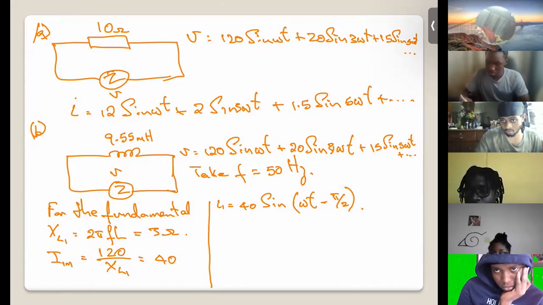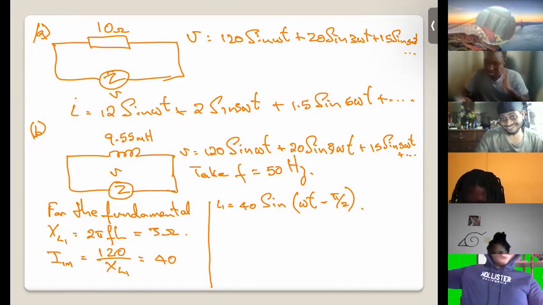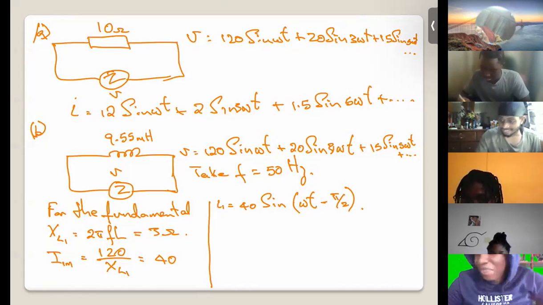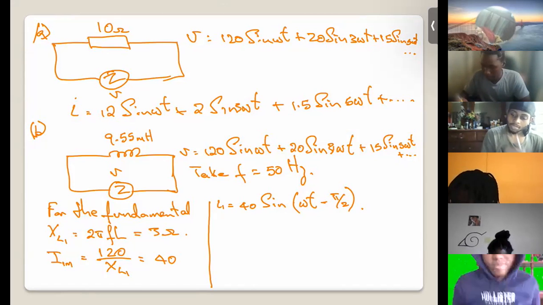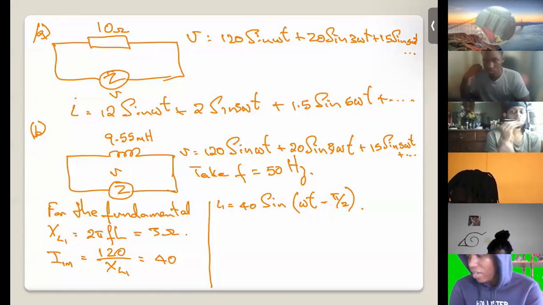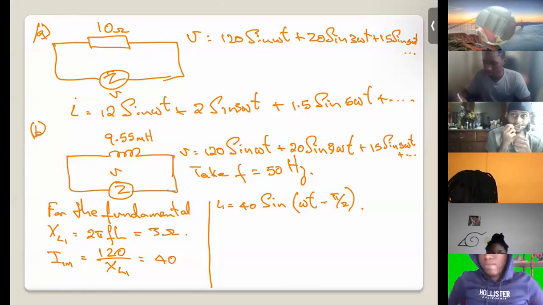So Miller, now that we have dealt with the fundamental, which harmonic do we have? Harmonic 3, the third one. All right, so we now go to the third harmonic.